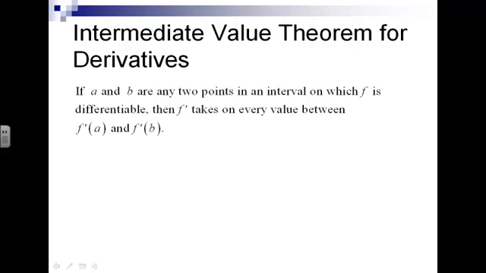I think we're heading into the home stretch here. Let's remind ourselves of what the intermediate value theorem was, and then we'll talk about the intermediate value theorem for derivatives. If a function is continuous, the intermediate value theorem allows us to say the function must take on every single value in between two y values.